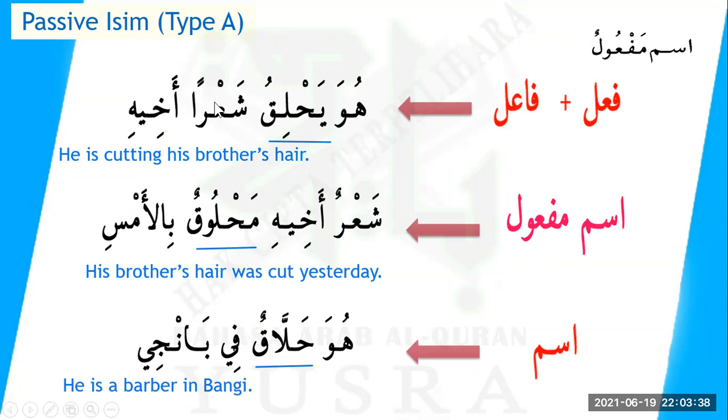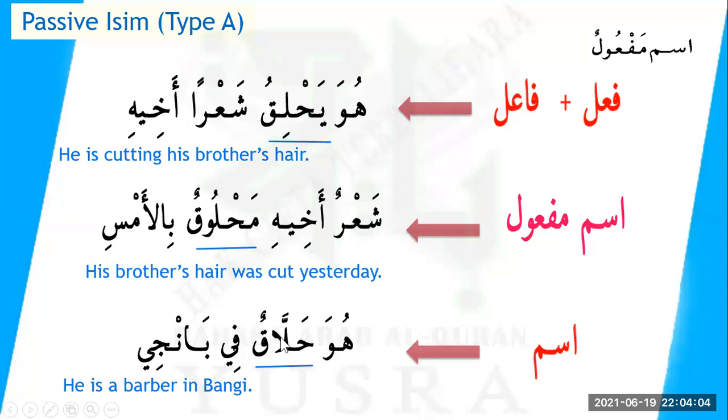Okay. Now the second sentence, sya'ru akhihi, his brother's hair, mahlukun bil ams, was cut yesterday. Mahlukun, this one was cut. Was cut. Mahlukun. Okay. Mim and waw with the root word.